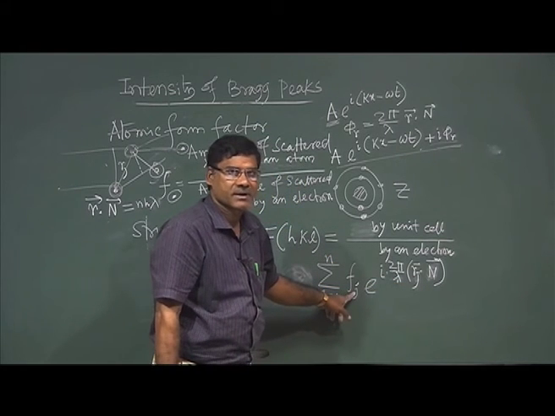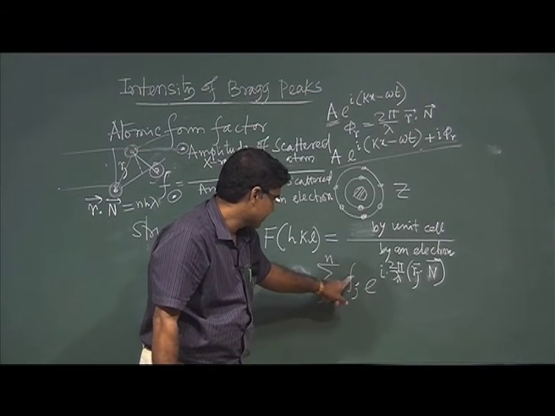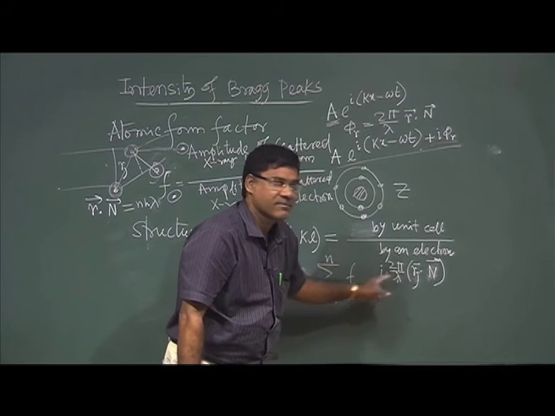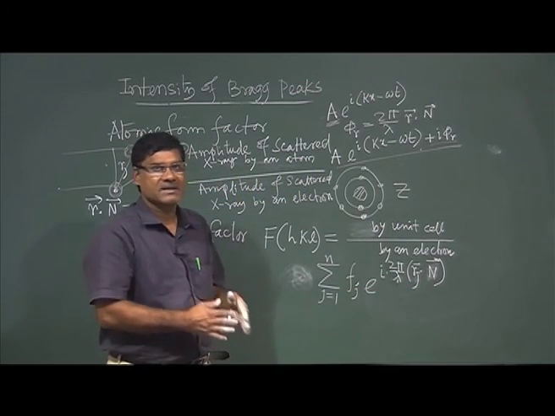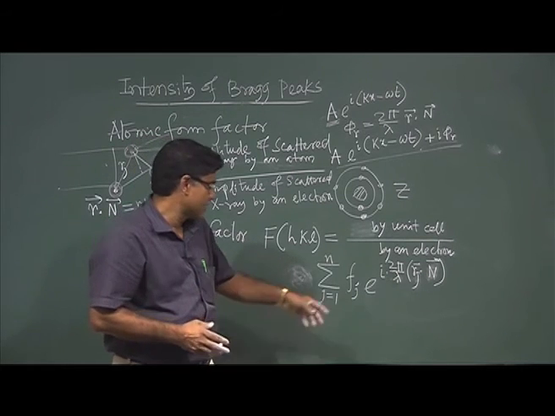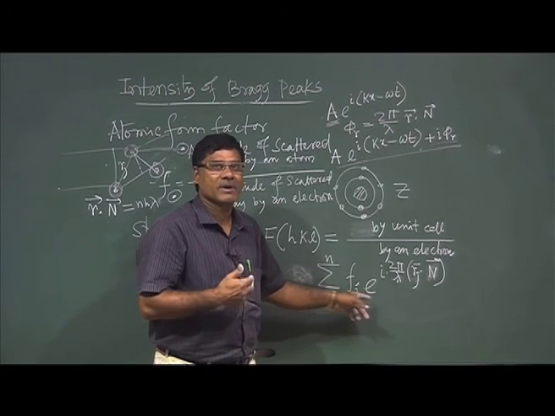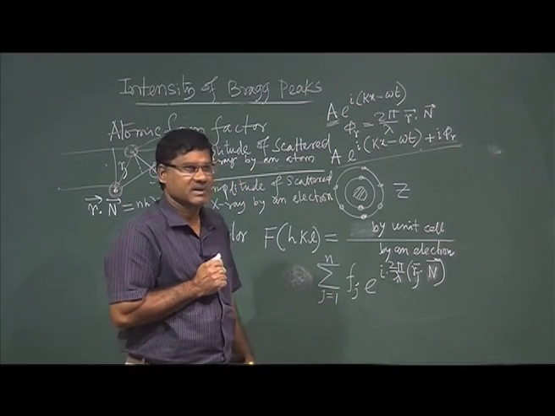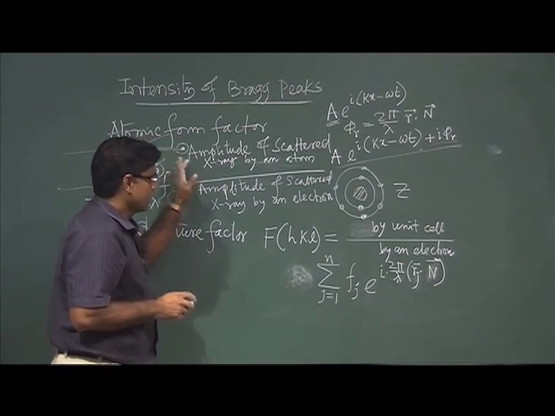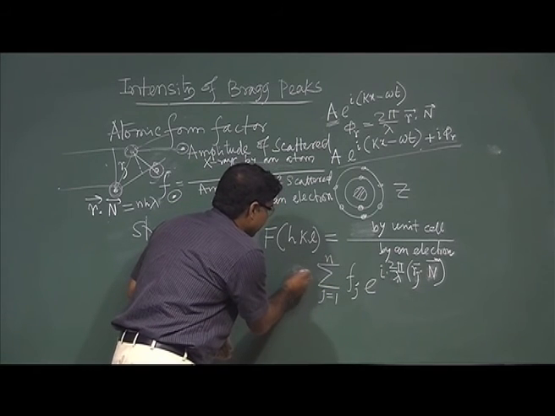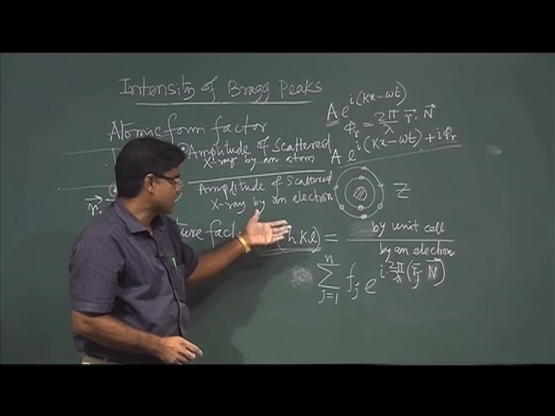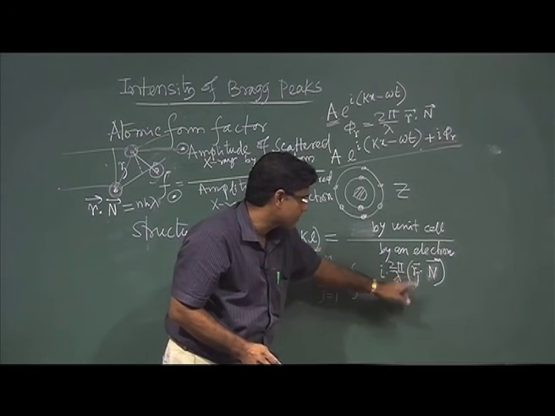For each atom, if it is F1, its position is R1; F2, R2; F3, R3, etc. If these atoms are the same, the bases are the same, then F1 will be equal to F2 will be equal to F3. Ultimately you will get this structure factor, and the structure factor depends on the distribution of atoms.